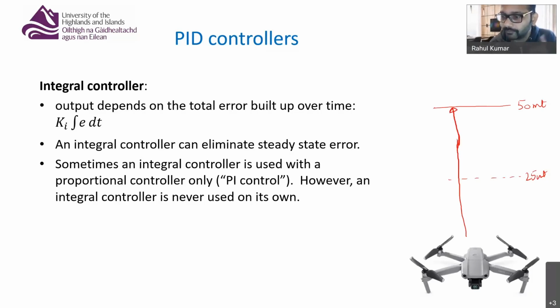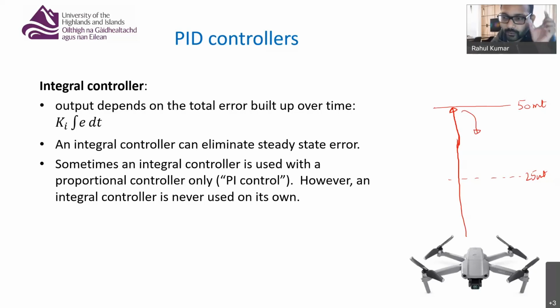If we are using a proportional controller, according to the previous example, the propeller after reaching 50 meters will stop. So if the propellers stop, that means the drone will fall, right? After reaching 50 meters, if the propeller stops, the drone will fall to the ground, isn't it?